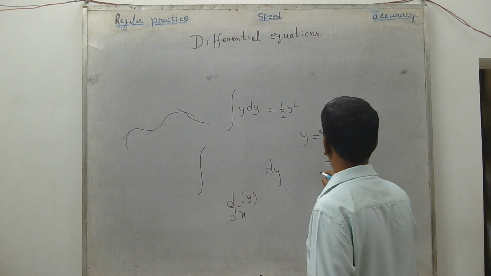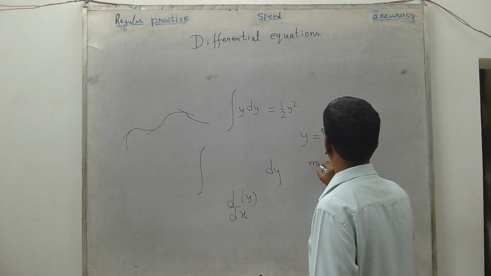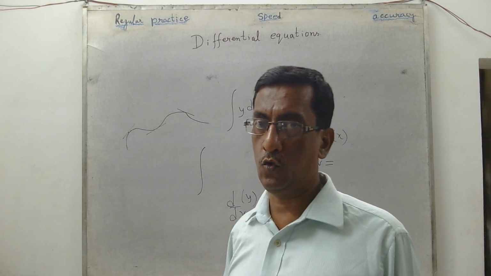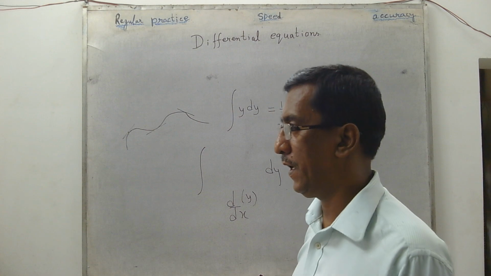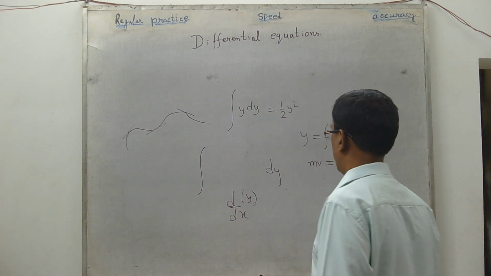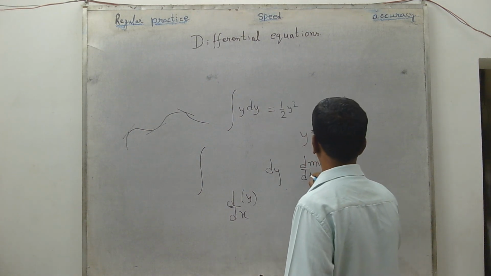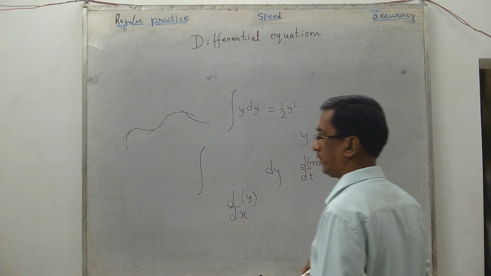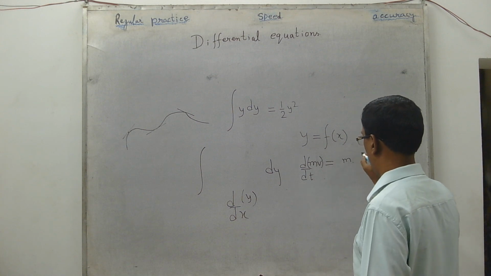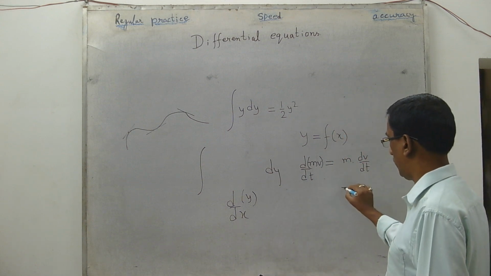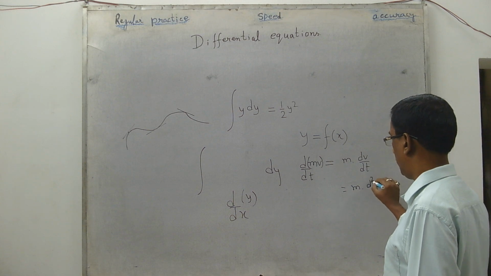We write here mv, mass into velocity, and the rate of change of this is d by dt of mv, which will be m into dv by dt. Now we can write this also as m into d square x by dt square.